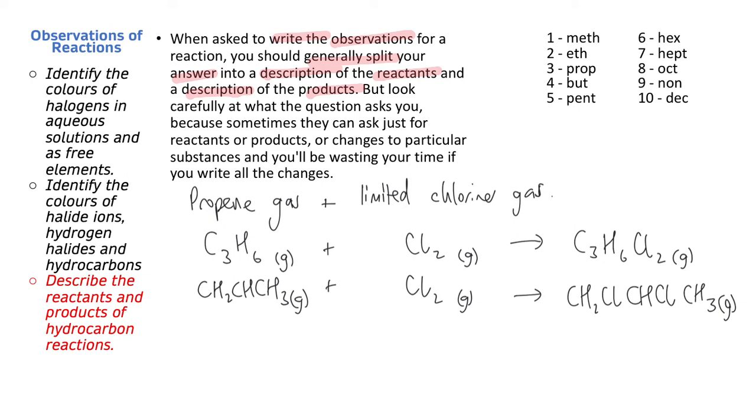Propene gas, we should remember that all hydrocarbons are colorless. So it's a colorless gas added to chlorine gas, which is a free element, a greenish yellow gas.